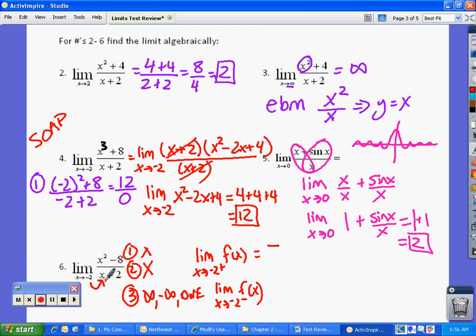If I plug a number a little bit more than negative 2 into the denominator, negative 2.1 plus 2, that is going to give me a negative also. So as we approach negative 2 from the right, we will get positive infinity.